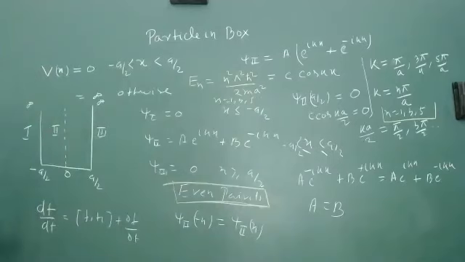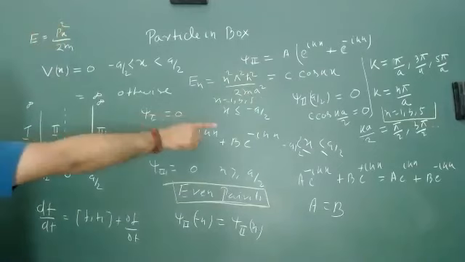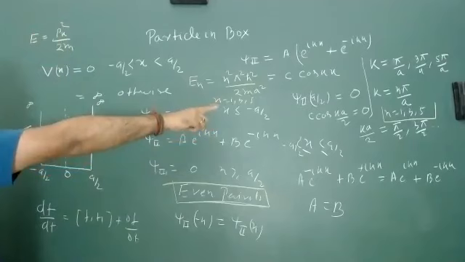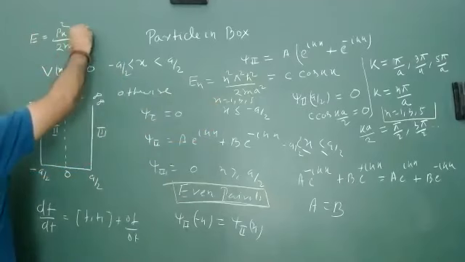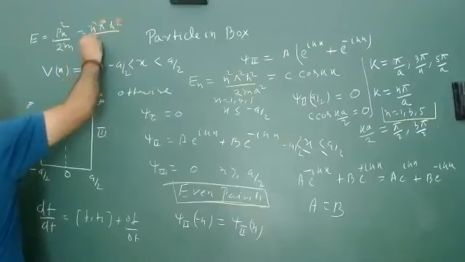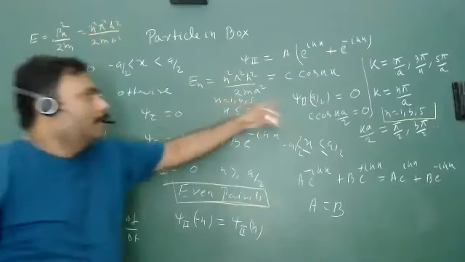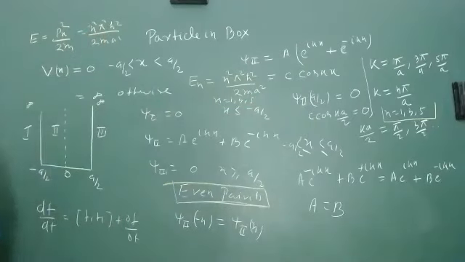How will you get the energy? E is equal to px square upon 2m, and what is px? Px is h cut k. So you will write n square pi square h cut square upon 2m a square. But now n is 1, 3, 5 only for the even parity.